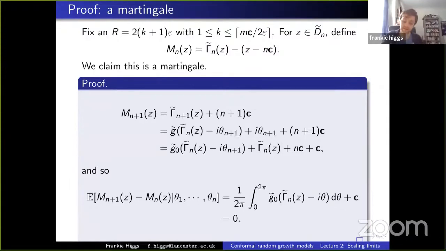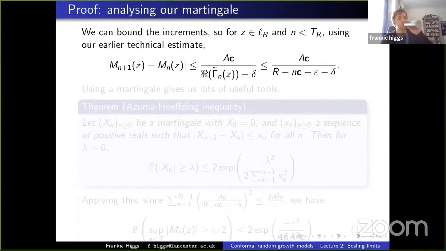So let's put the martingale to use next. When we have a martingale, we have access to a huge number of new techniques.